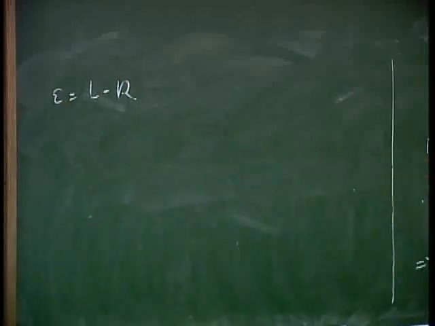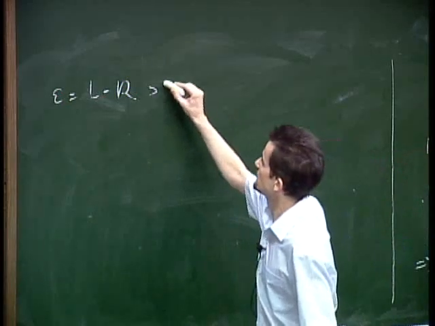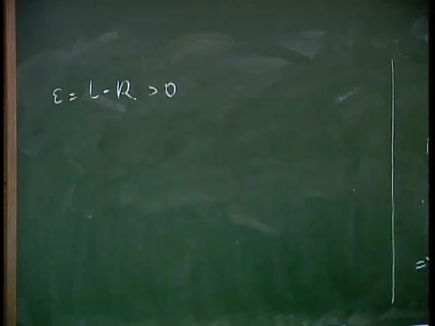Namely, you choose for epsilon L minus R. Okay. Now, observe that this here is larger than 0 by assumption. Okay, because we assume that our theorem is wrong. So this is larger than 0. So you can use this epsilon. You will get a delta such that this holds here for this epsilon.